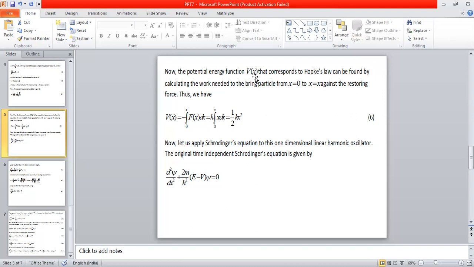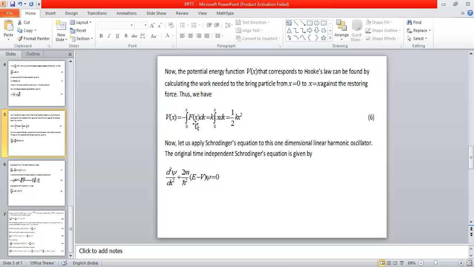So the potential energy function is simply equal to the negative of the work done. Since the restoring force is an example of a variable force, in order to obtain the work done we have to do the integration, from the reference position 0 to some arbitrary position x, of f of x into dx. Here f of x is the restoring force and dx is the small displacement.